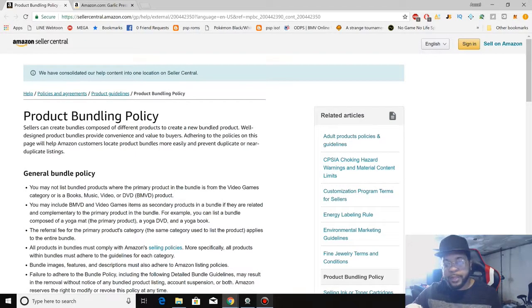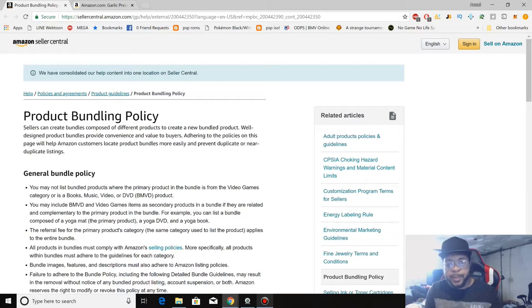For example, if you have a baseball glove and everyone on the first page is selling a baseball glove, maybe you want to sell your product for more, or maybe you want to keep your product at the same price but have this perceived value so people will purchase your product over theirs. You'll add maybe a baseball or a baseball bat to your listing. Now those will count as one product, and that is a bundle.